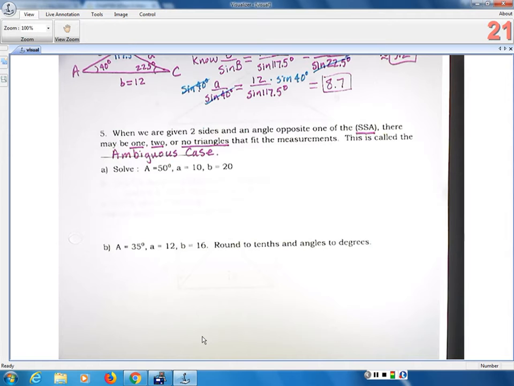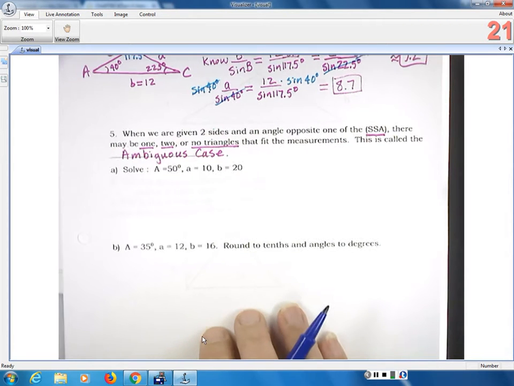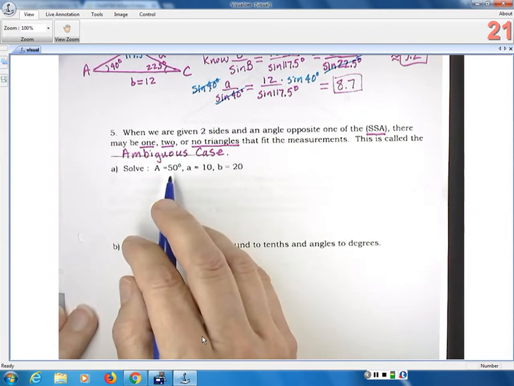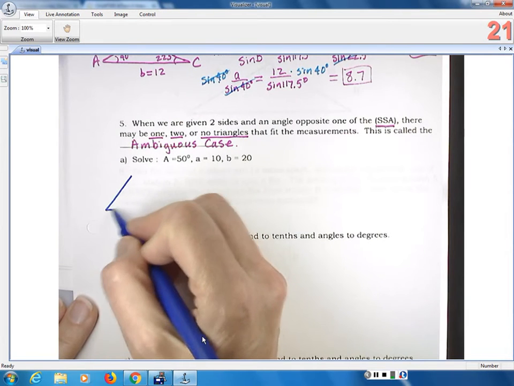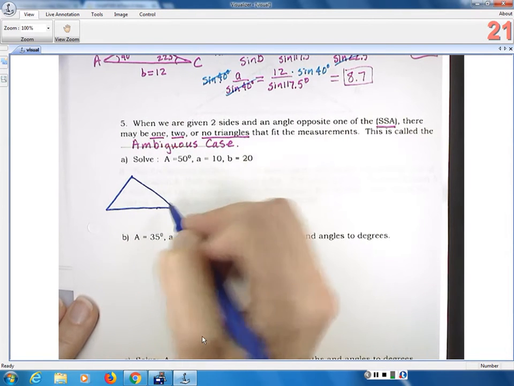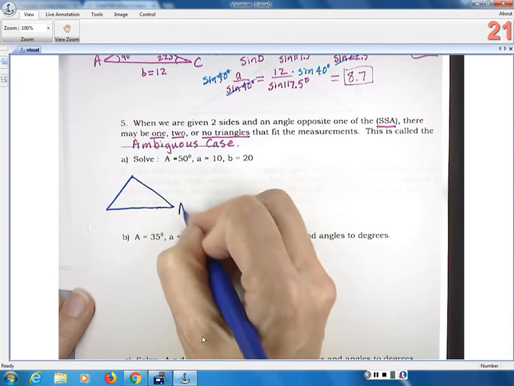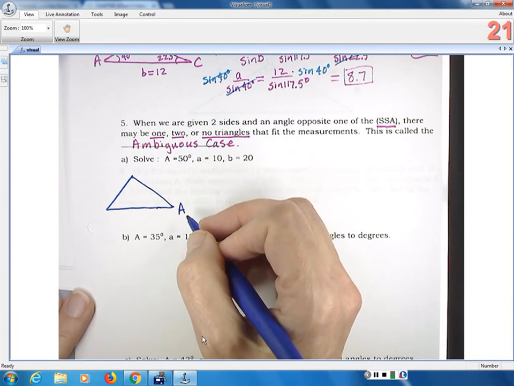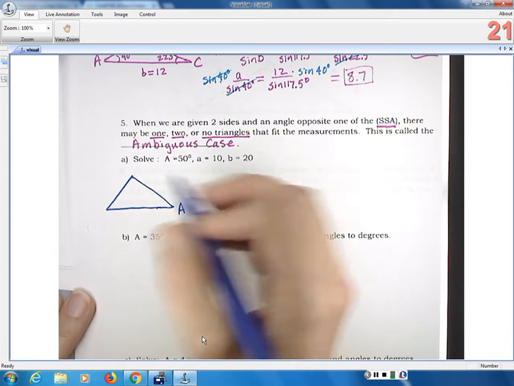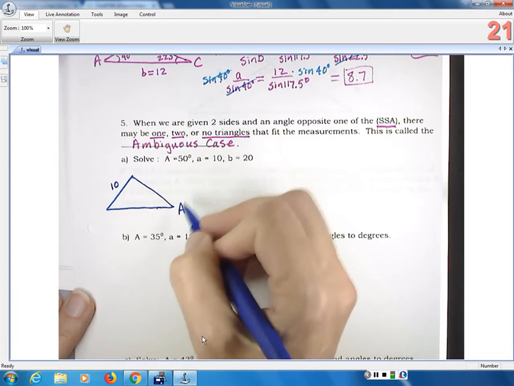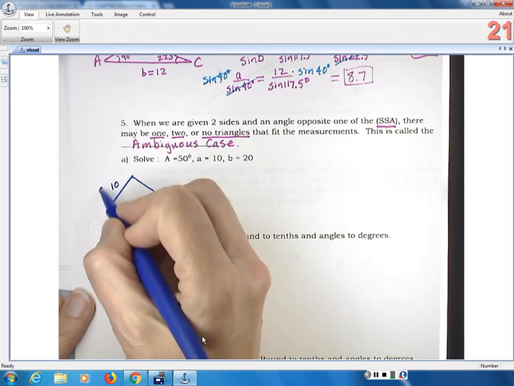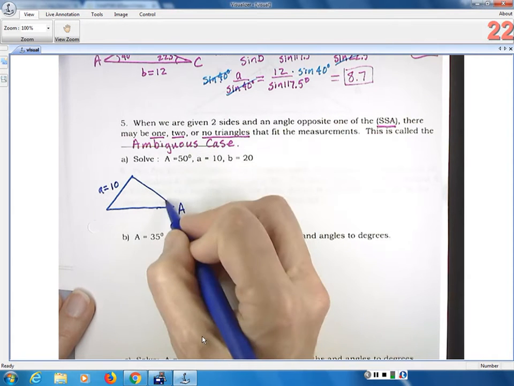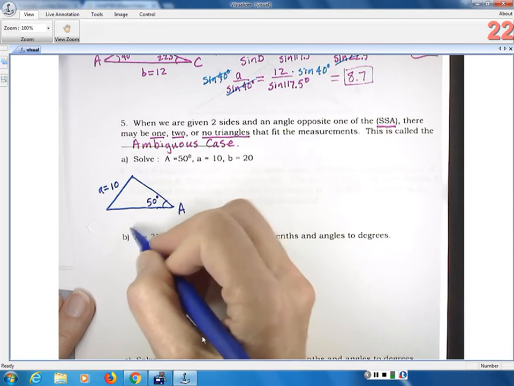Okay, so all right, so we're going to solve this one. Let's draw the picture. The picture isn't necessarily great. Let's see, this is 10, this is angle A, they said it's 50. I made A over here this time.